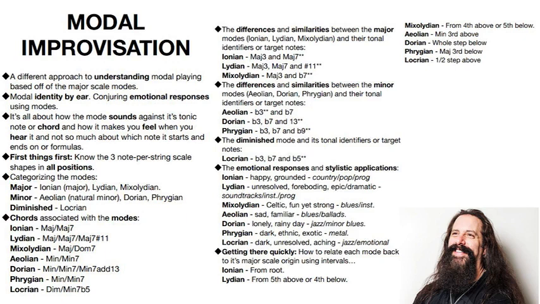Or even easier, you can think of E minor if you can relate it that quickly. Any questions about Dorian? Think of the major scale a whole step down, you'll have it. That's the only one that does that.